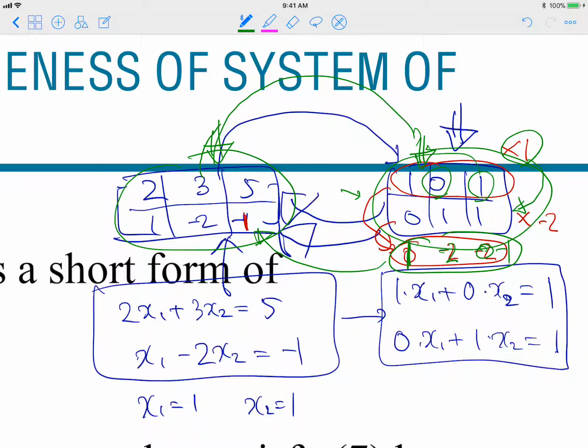If there exists such a chain or sequence of row operations, then these row operations are always reversible. We can always make the resulting matrix back into the original matrix. So we can think of it as an invertible operation.